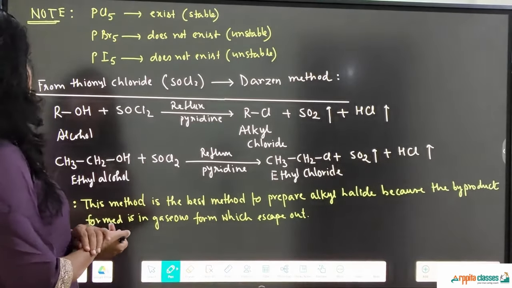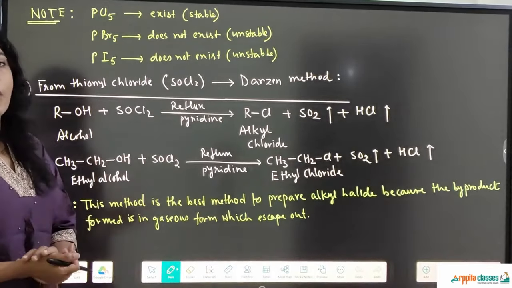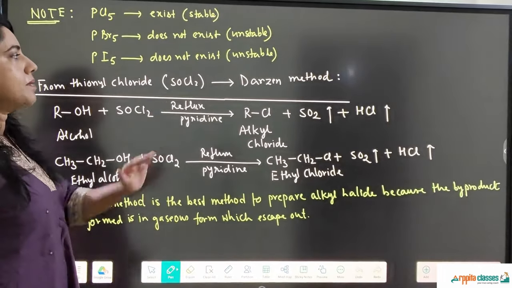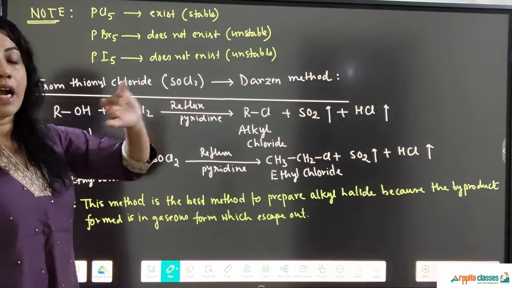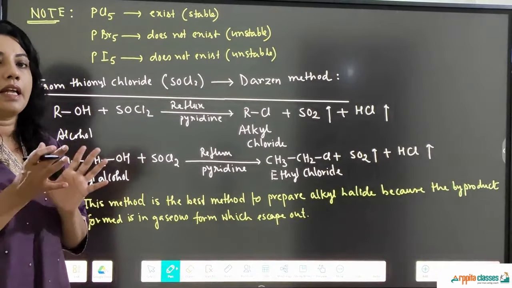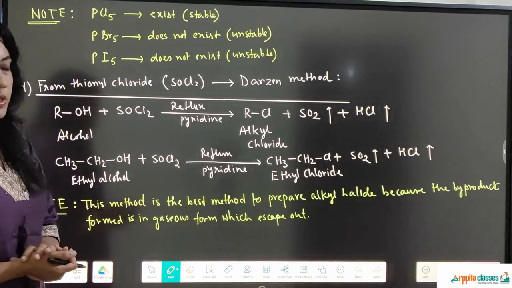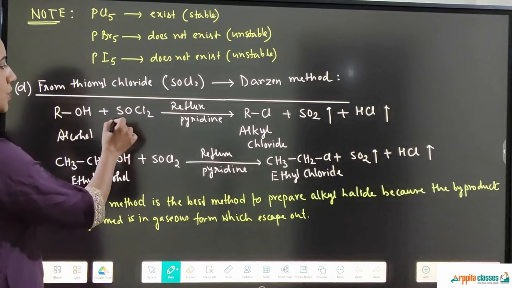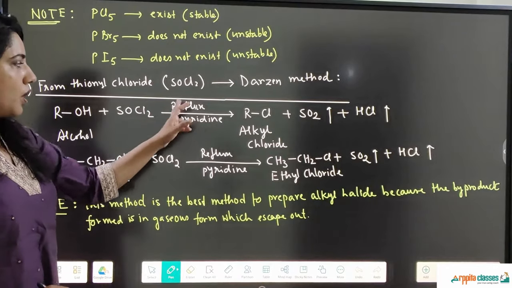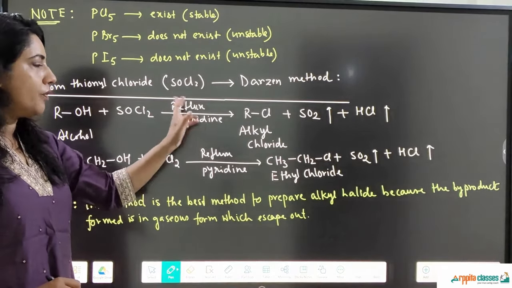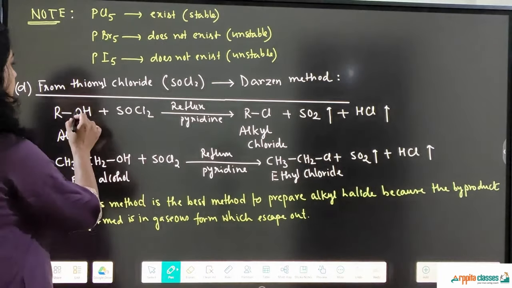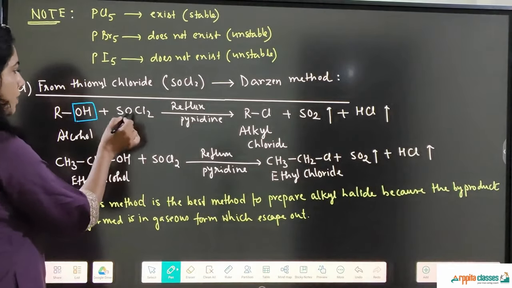Now the next thing is thionyl chloride, SOCl2, and this method is called the Darzens method. Again our substrate is the same here, that is alcohol, but now we are treating the alcohol with thionyl chloride, that is SOCl2. So ROH plus SOCl2, the solvent is pyridine here, we are refluxing it, and this OH will be substituted by Cl.